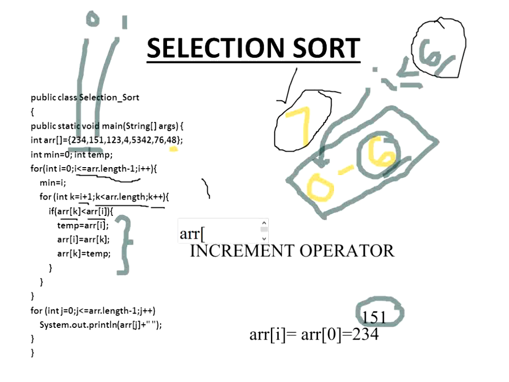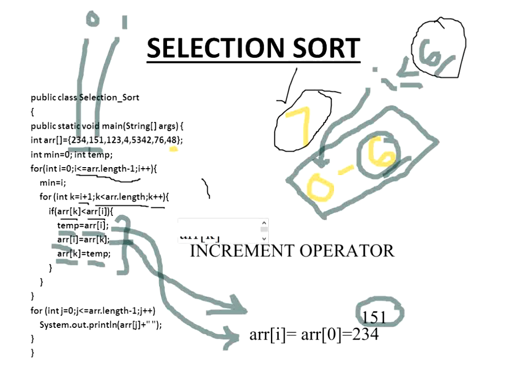Yes, swapping operation will be done, because k is less than i. So temp is equal to ARR[i]. So in temp, we have the value of ARR[i], that means inside temp, we have 234.